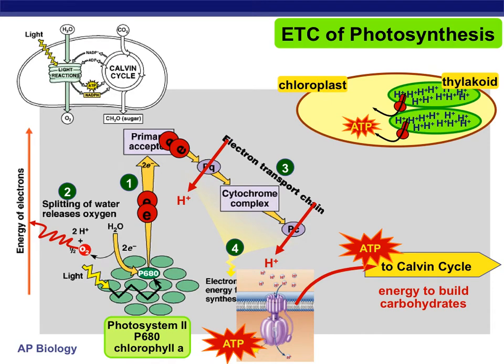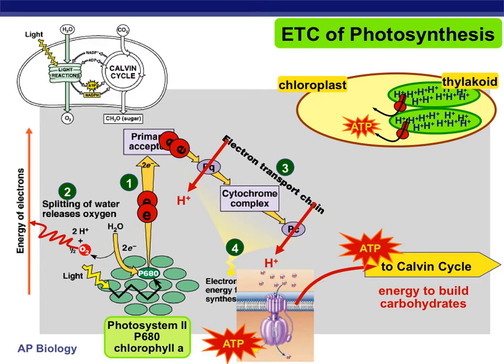So these electrons in the electron transport are going to be passed from electron acceptor to electron acceptor to electron acceptor, and they could be thought of as falling. And again, these hydrogens that come from this are going to be contributing to our proton gradient. And that exergonic fall of electrons to a lower energy level here provides energy for the synthesis of ATP.